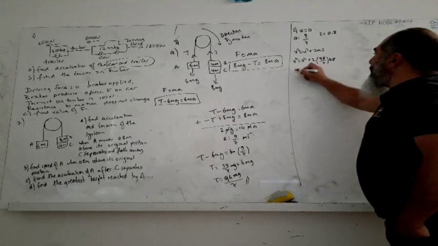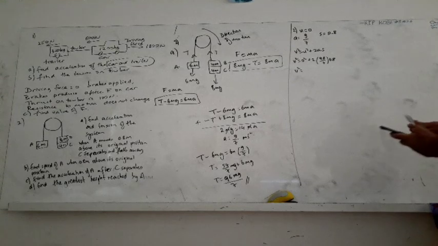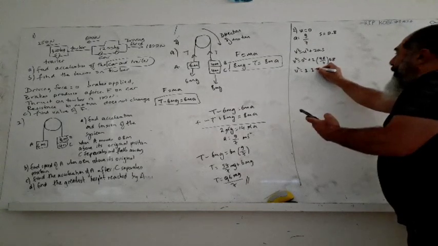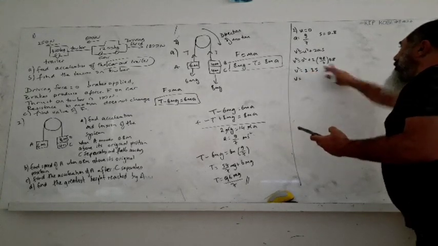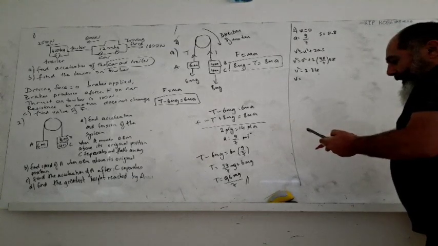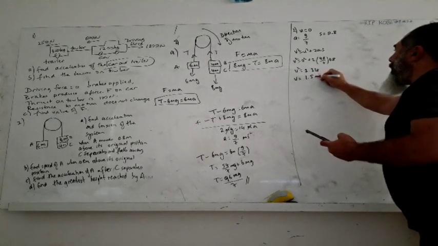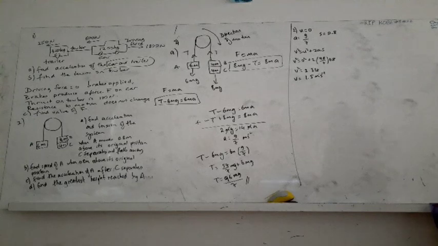So v squared becomes 2.24, take the square root, this is going to be 1.5 meters per second. This is the answer for part B.